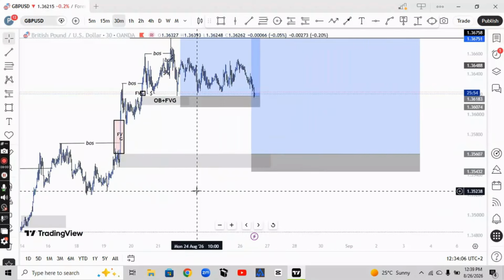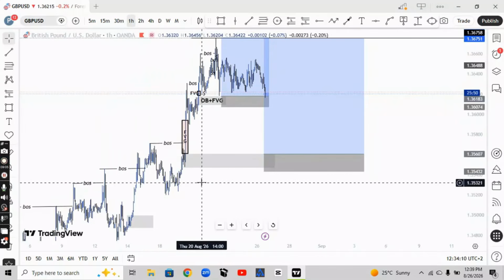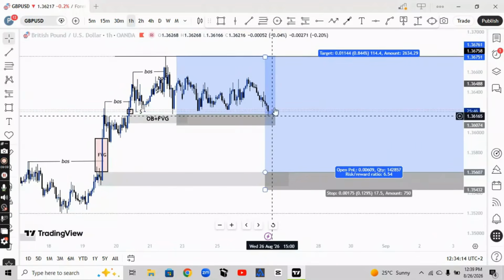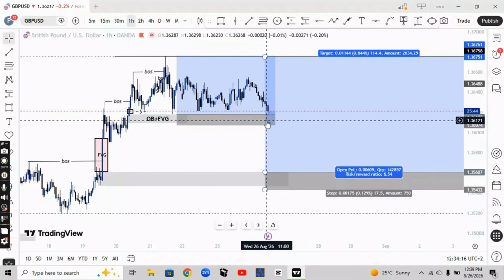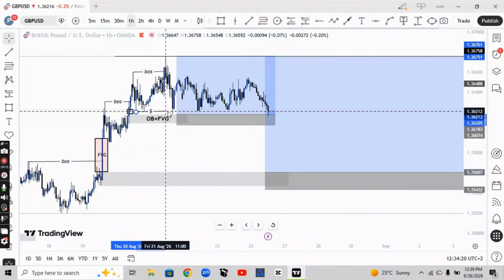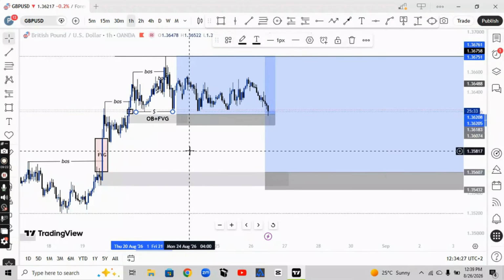to see what happens. Let me go to H1 so that you guys see what I'm talking about. This is the level, and also this level did take a liquidity here.